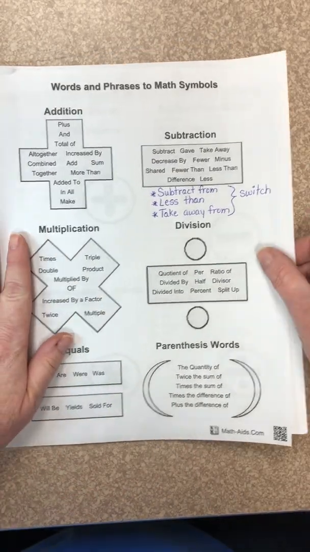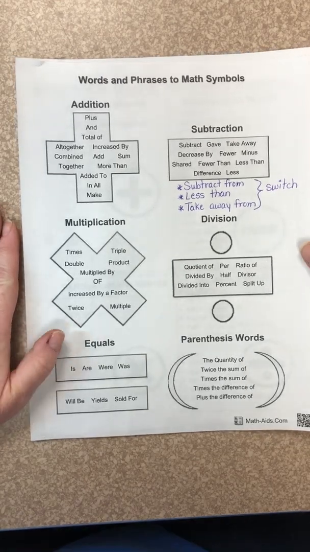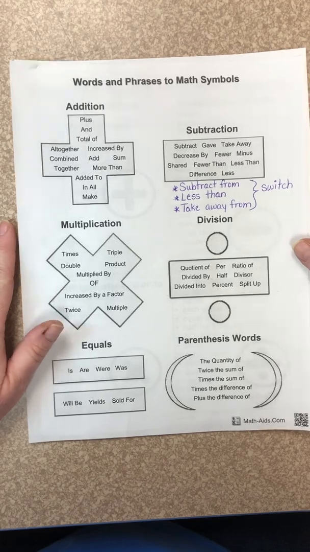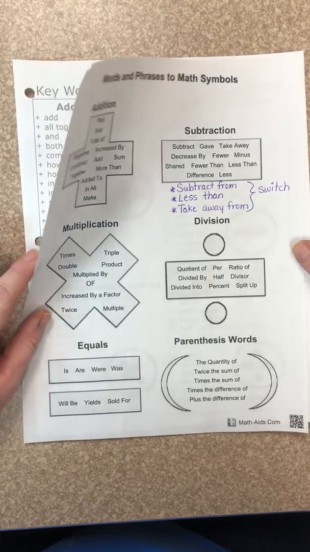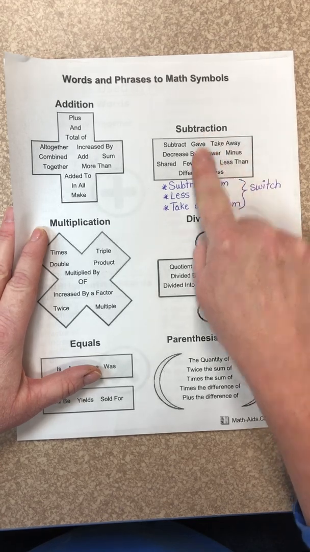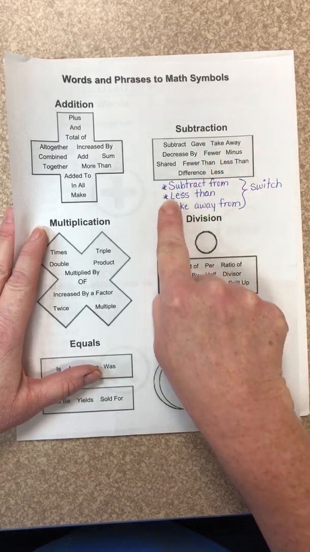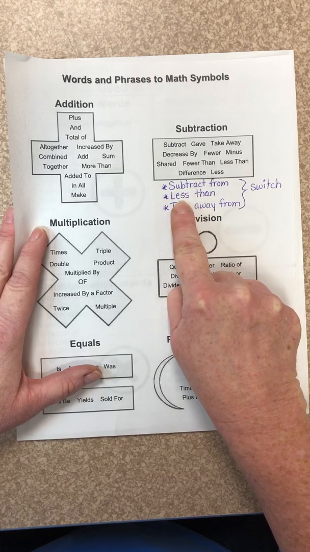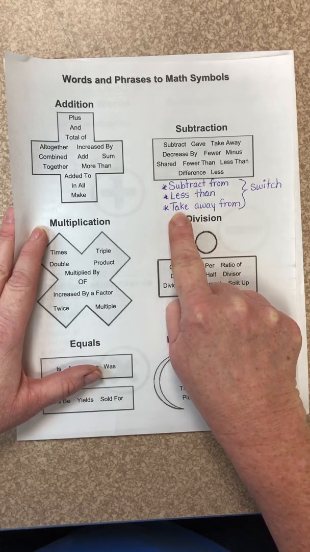Before we begin looking at our notes and guided practice, I would like to go over these two reference sheets. The first one is Words and Phrases to Math Symbols. In the first video, I asked you to go under subtraction and write these three in: subtract from, less than, and take away from.